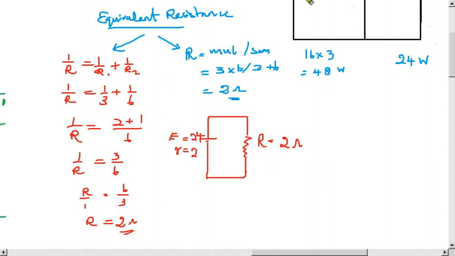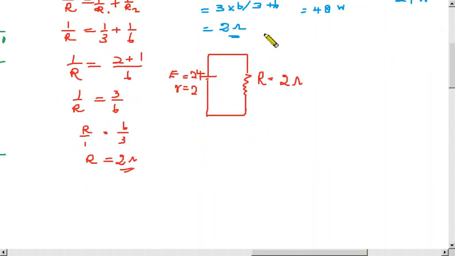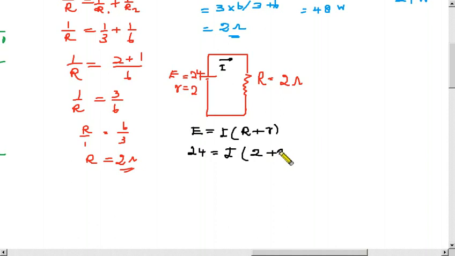Now you have to find the total current. E equals I times R plus R, 24, 2 plus 2, 6 ampere.